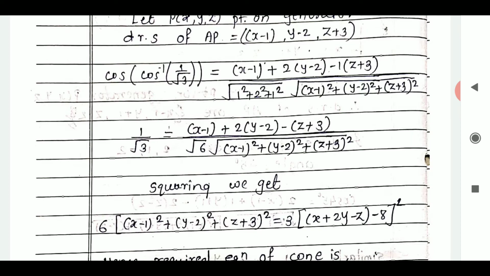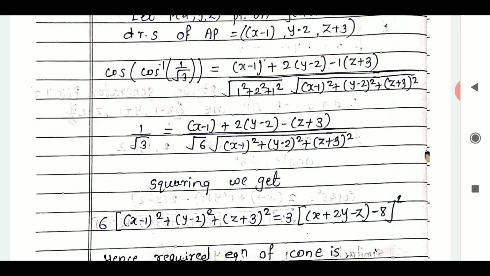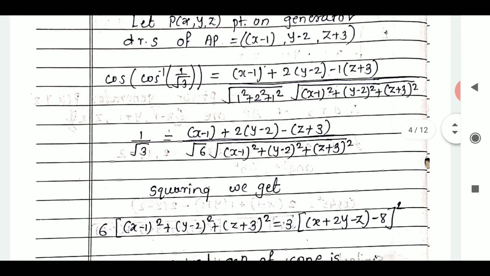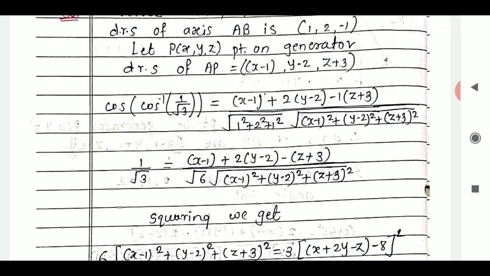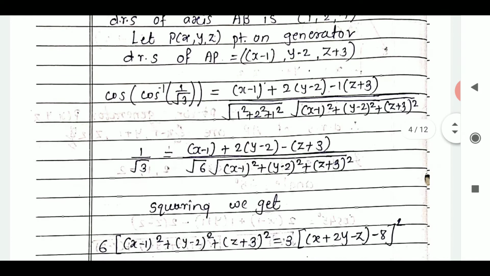Here we take cos theta is equal to (a1 a2 plus b1 b2 plus c1 c2) upon root of (a1 square plus b1 square plus c1 square) into root of (a2 square plus b2 square plus c2 square). Here we substitute theta as cos inverse of 1 upon root 3. The values of a1 b1 c1 are 1, 2, minus 1 and a2 b2 c2 are x minus 1, y minus 2, z plus 3.